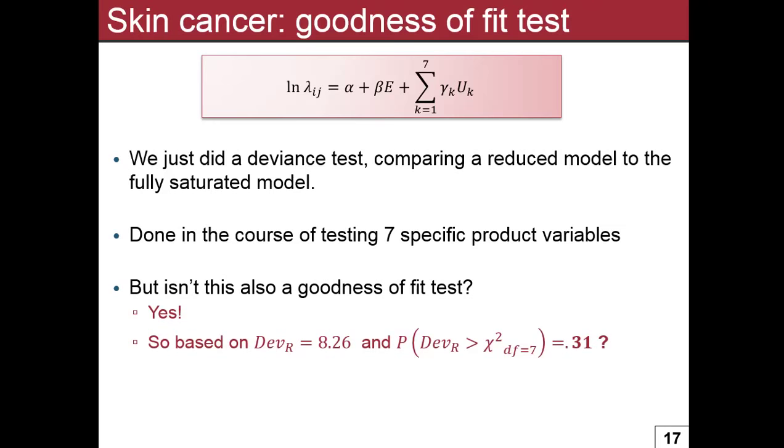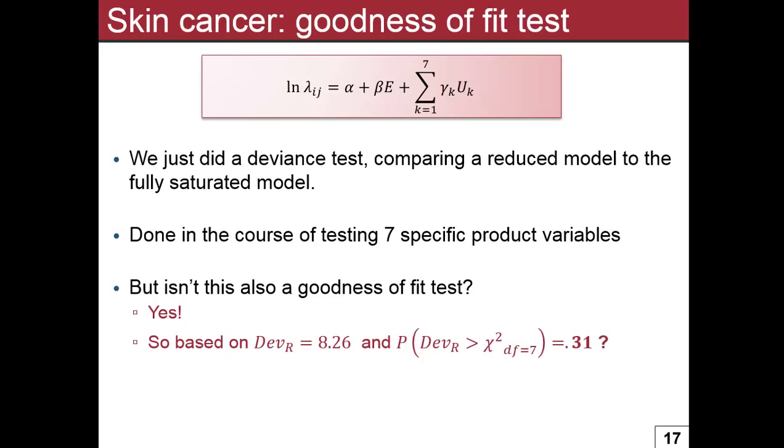And so for any model compared to the saturated model, the chi-square test of that difference is also the goodness of fit test here. In this rephrasing, the null hypothesis is the model fits well, and the alternate is it doesn't fit well to the data. And so we'd have, again, a 0.31 p-value, which would support the null hypothesis that it fits okay, and that this Poisson model describes the information in this holistic sense well.